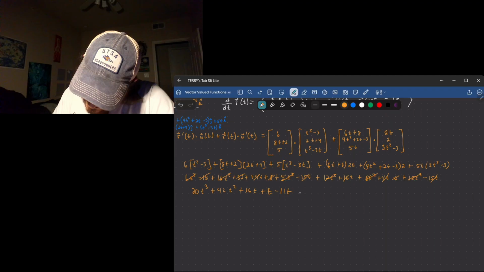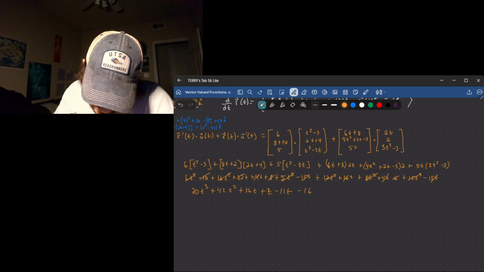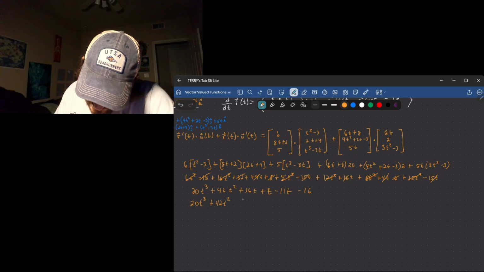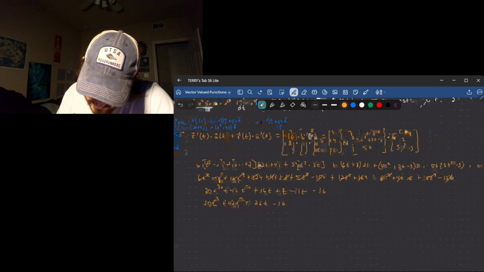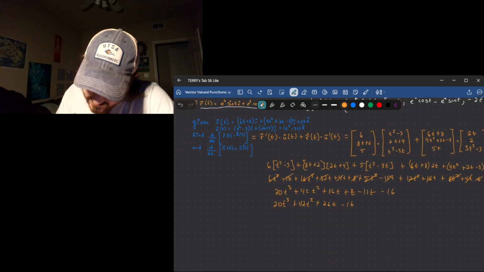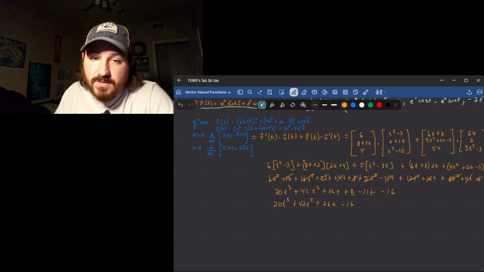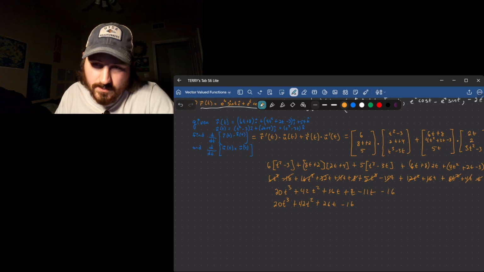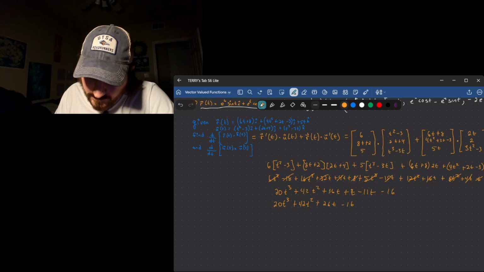Minus 6 is negative 16. That one wasn't too bad. Just one last simplification since I did take an extra step. 36 plus 1 is 37, minus 11 is going to be 26t minus 16. So this is what the derivative of the dot product of r and u is, where r and u are vector valued functions. Okay.